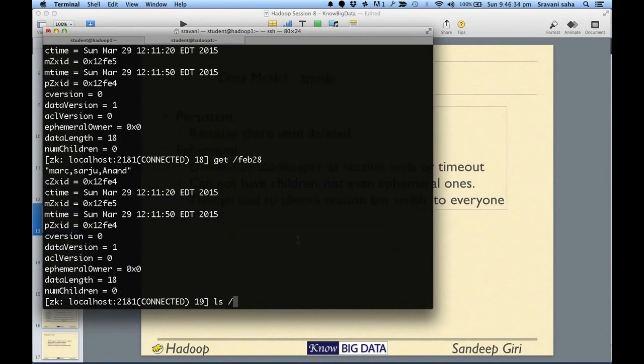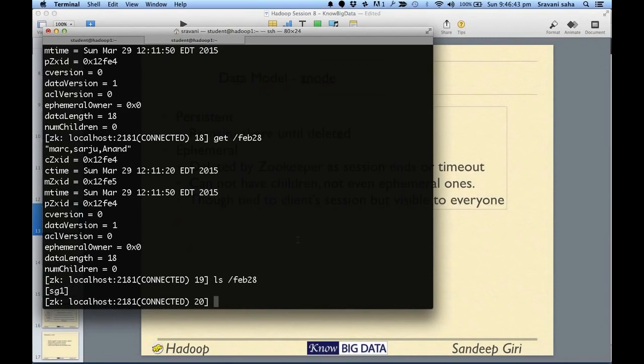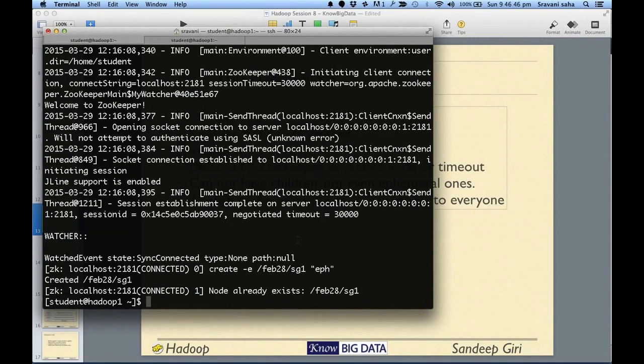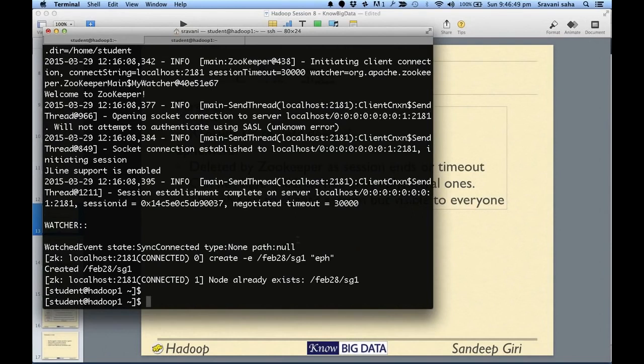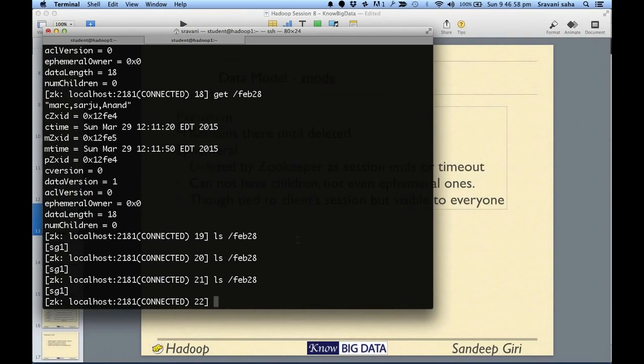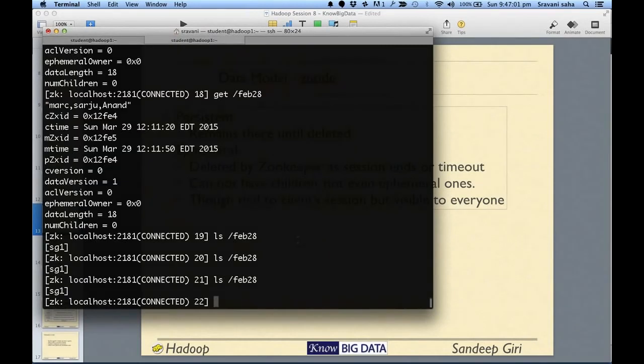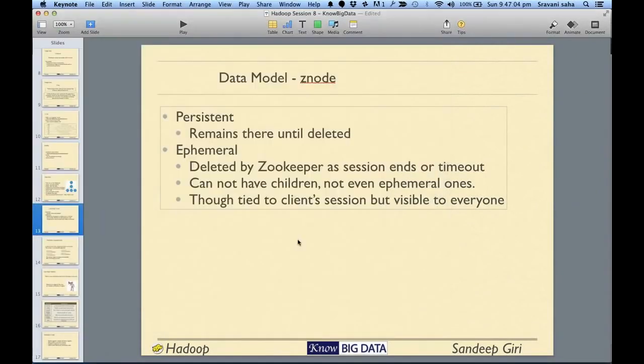Now if I go here and say ls /fab28, I see one node called sg1, which is my ephemeral node. Now if I exit, and then say ls after some time, this will get deleted, probably in 10-15 seconds. As soon as the zookeeper session ends or times out, the ephemeral node is deleted from zookeeper.